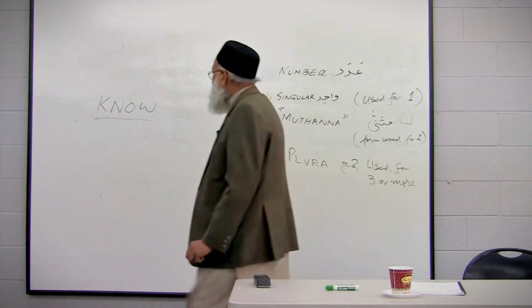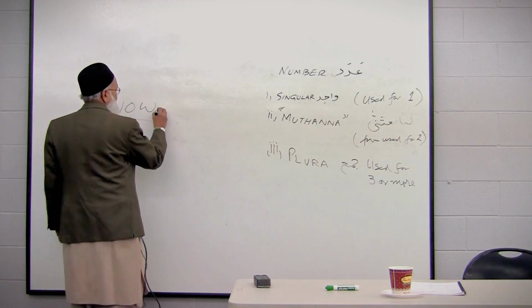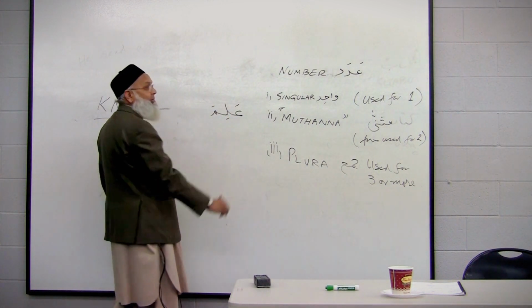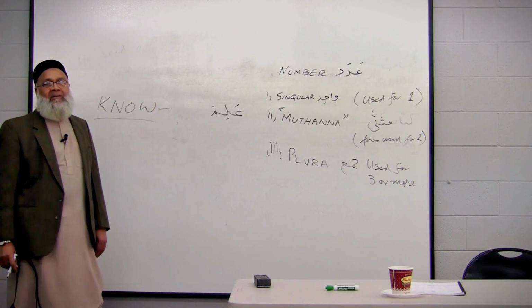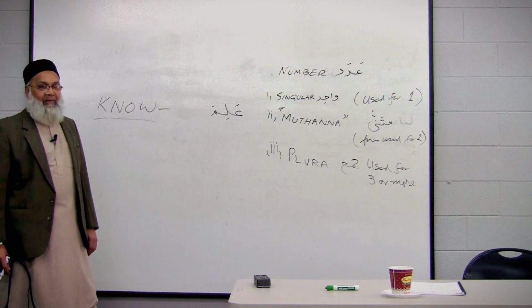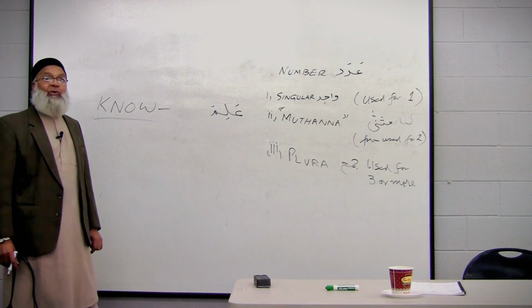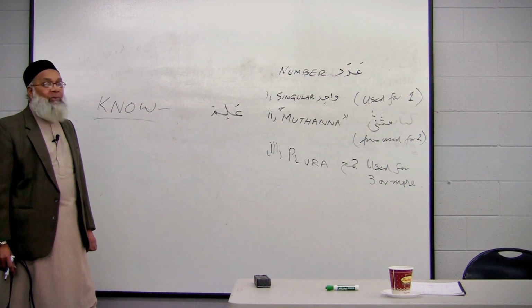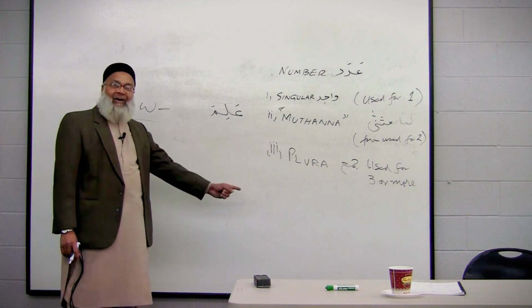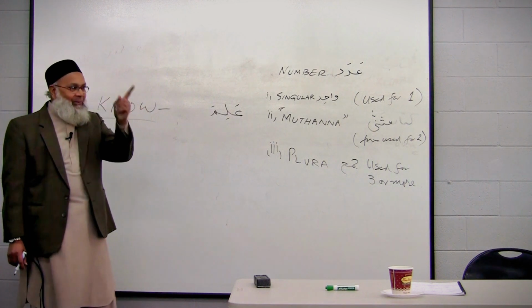But in Arabic, alima has 14 forms. He knew, they two knew, they all knew, she knew, both women knew, and all women knew, you man knew, you two knew.